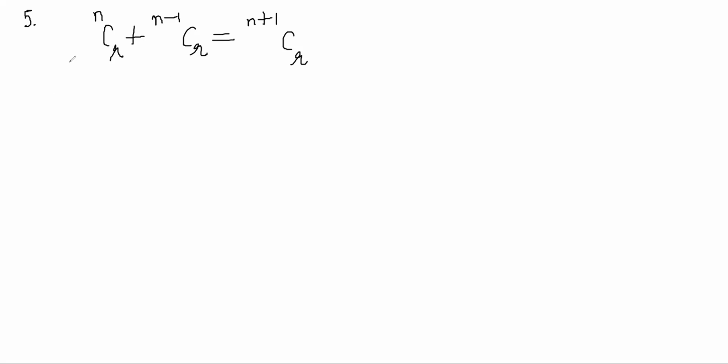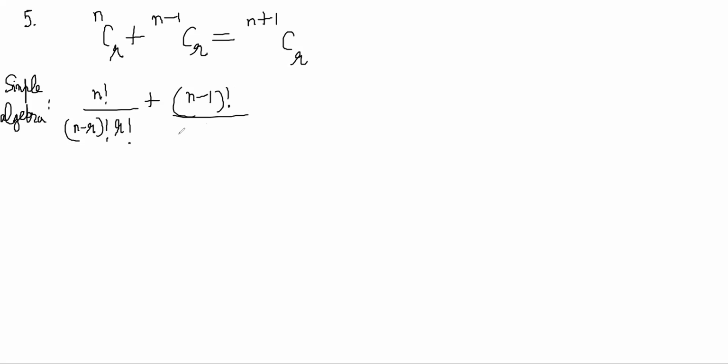You can prove it by simple algebra. Take the definition: n factorial by r factorial, n minus r factorial, plus n minus 1 factorial by r factorial, n minus r minus 1 factorial, right?